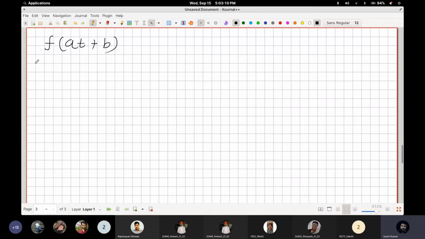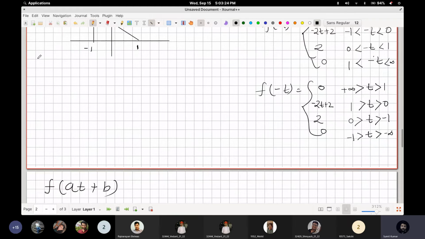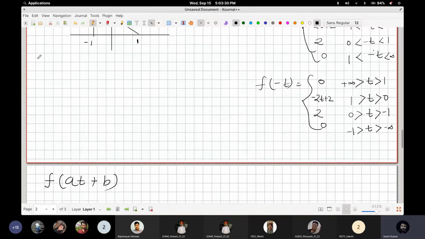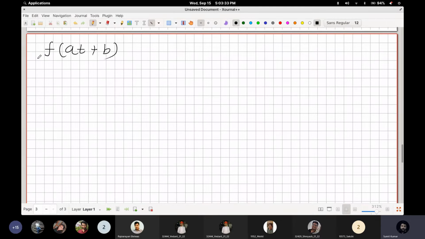We are doing combined shifting and scaling, and possibly an inversion. We want to do this not on the functional form, because doing it in functional form is quite time consuming. We want to do this directly in the graphical form only. Is this clear to everyone?